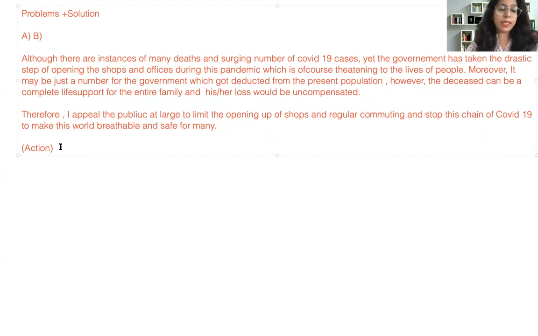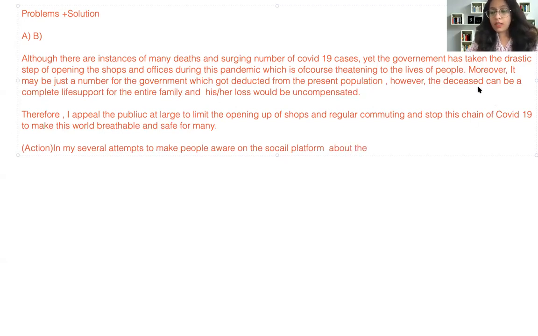So your action would be like, simply you can start: in my several attempts to make people aware on the social platform about the deadly disease, my efforts are in vain.